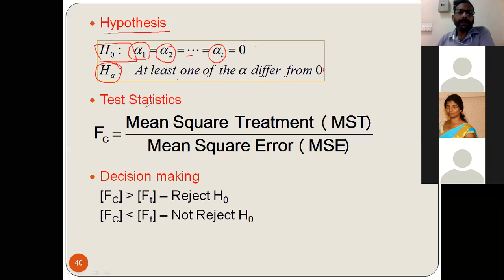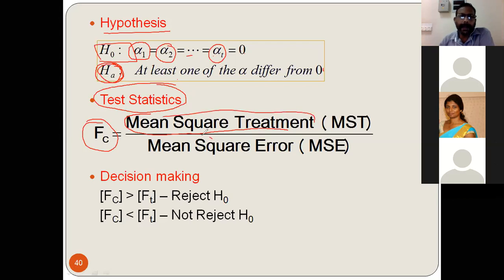If it is so, then we accept our alternative hypothesis. Then we have the test statistic that we have already seen. Your F calculated value is given by mean square of treatment divided by mean square of error. All right?